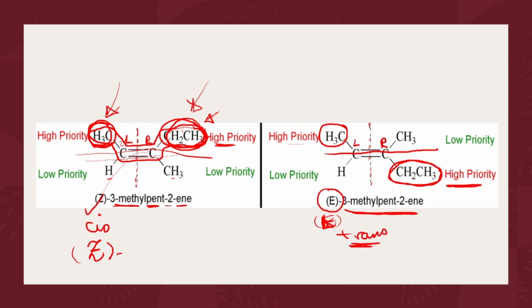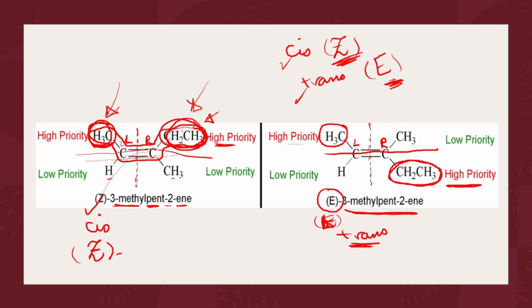Whenever we have a cis isomer, we write it as Z, and whenever we have a trans isomer, we write it as E. We usually put Z or E if we are writing a perfect IUPAC name. Of course, we can use cis or trans, but those are the most correct.